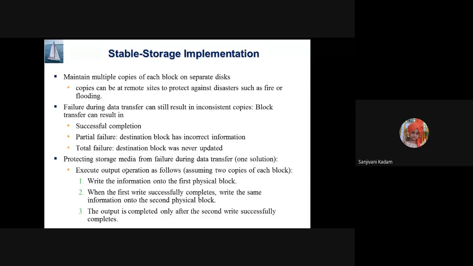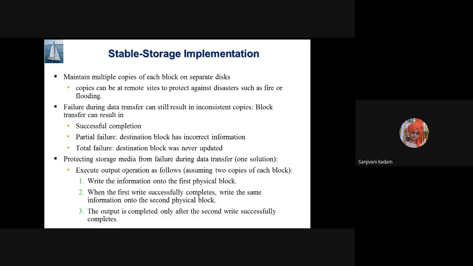All the copies would face the same problem. That's why the disks or copies will be maintained at geographically separate remote locations. If one area is affected, the other may survive that disaster, keeping that intention behind.